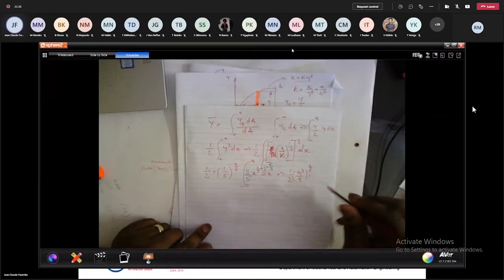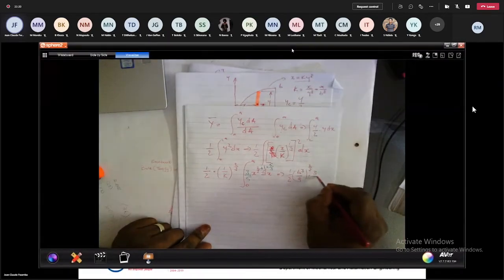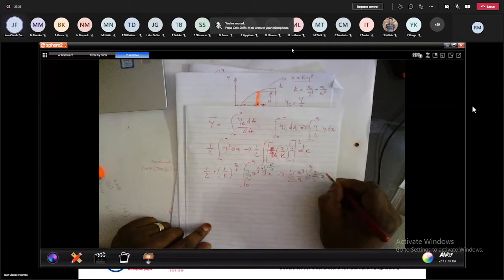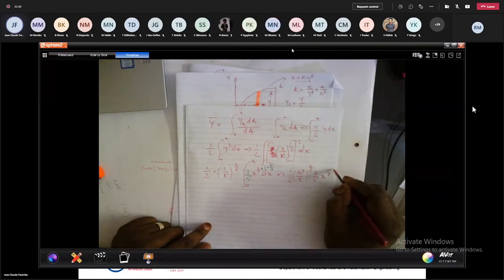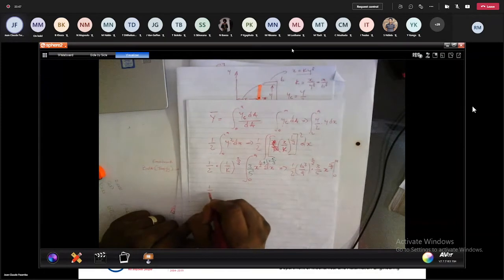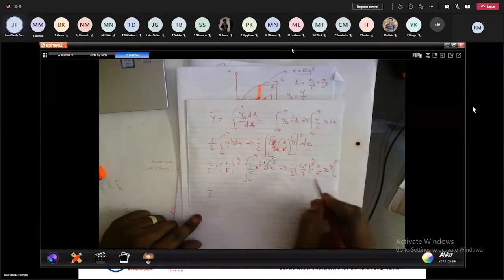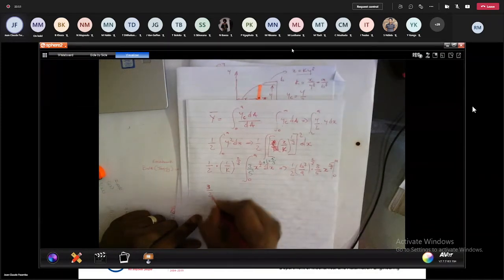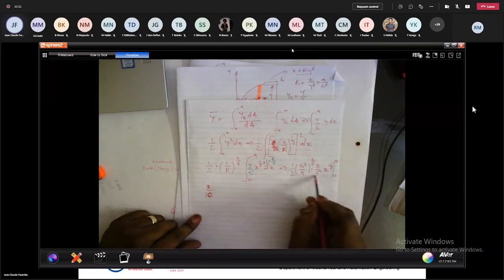So that will be multiplied by 3 over 5 x exponent 5 over 3, right? Within my limit, which is a and 0, right? So to be 1 over 2, or should we say 3 over 10, I just multiply those.